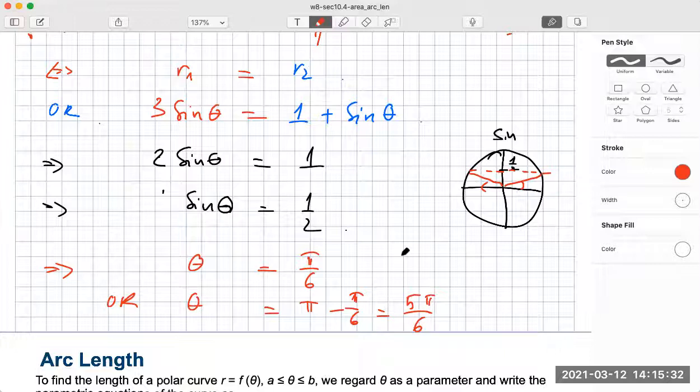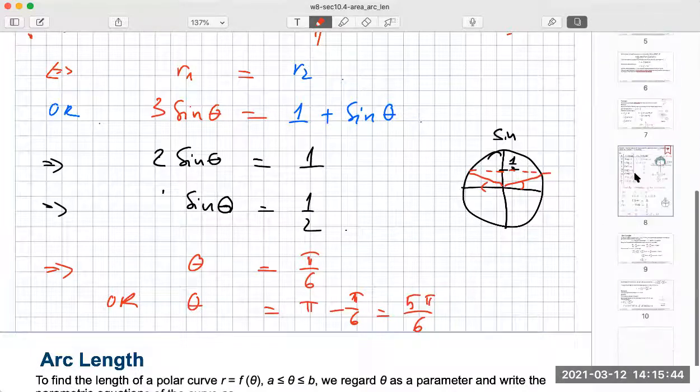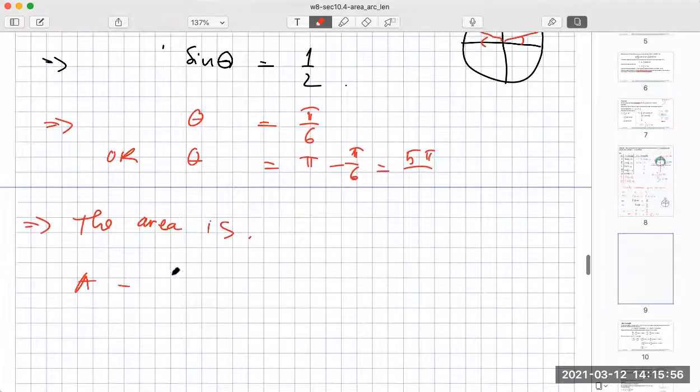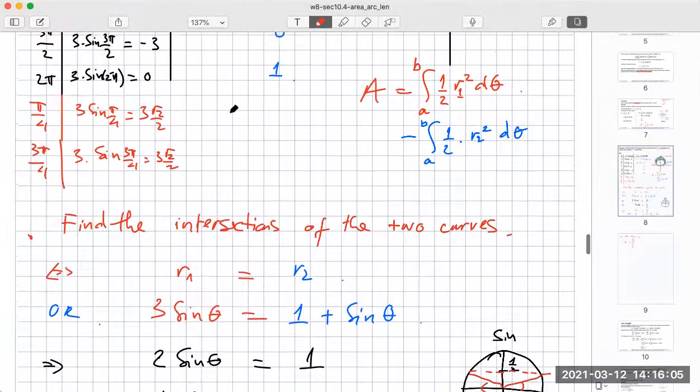It means that we found here theta is pi over 6 and 5 pi over 6. So we put everything into the formula. Therefore, the area will be A is equal to the integral from pi over 6 to 5 pi over 6 of the first curve, right?